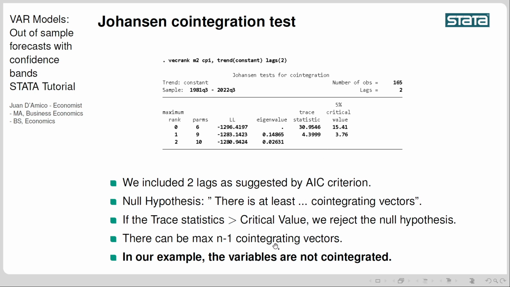And the reason for that is because there can be maximum n minus 1 cointegrating vectors. Remember, we have 2 variables. So if we have two variables, there can only be one cointegrating vector. If we have three variables, there could be two cointegrating vectors, and so on. So in our example, the variables are not cointegrated because we have rejected that there exists at least one cointegrating vector.